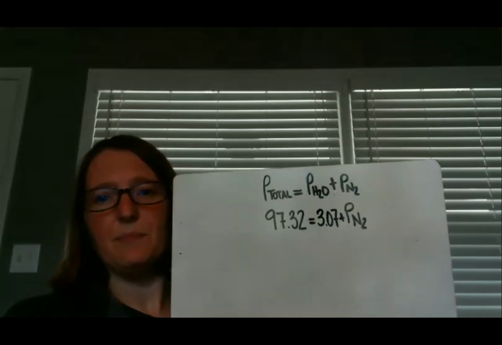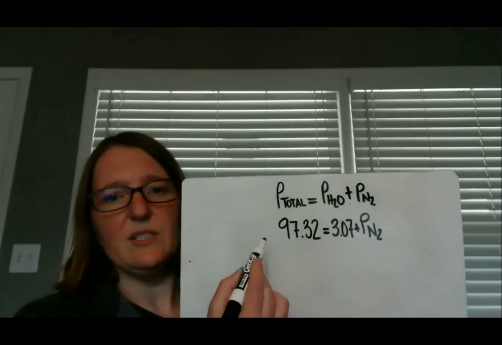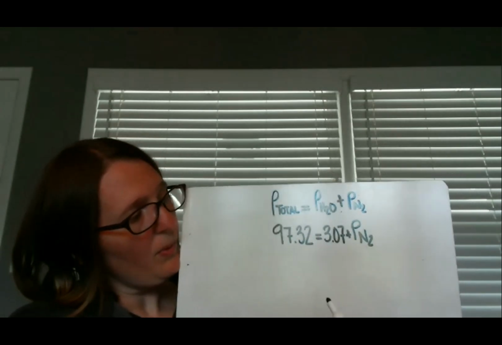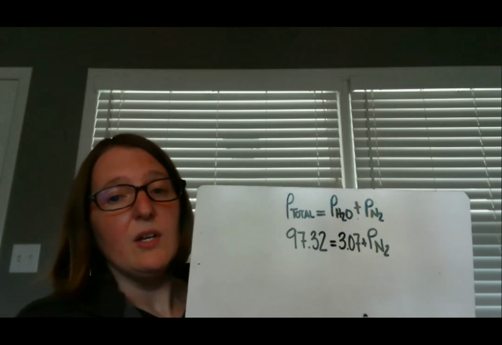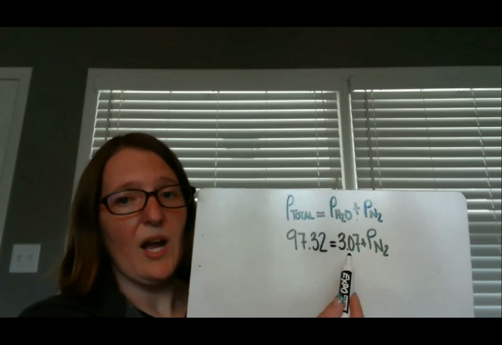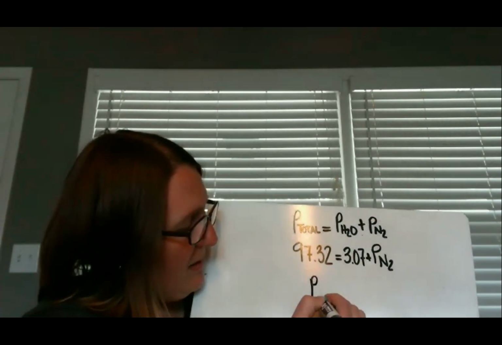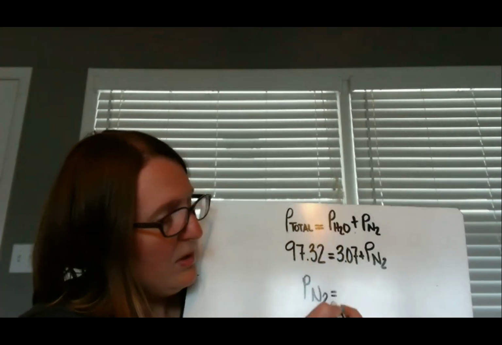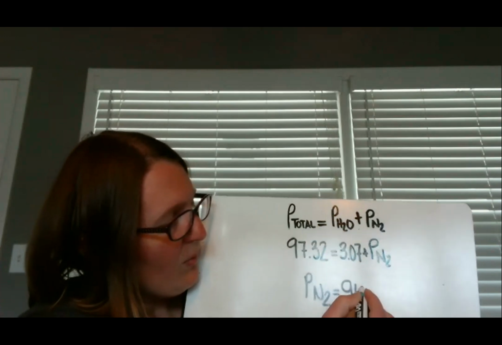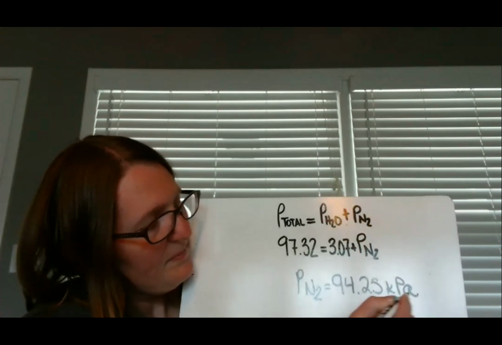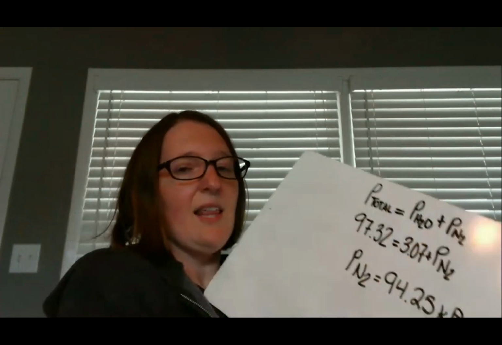All right, so here's our setup. P of total is 97.32. We know that. Water was 3.07. We don't know N2. So to solve this, we're simply going to subtract 3.07 from both sides. And we'll get that P of N2 equals 94.25 kilopascals.